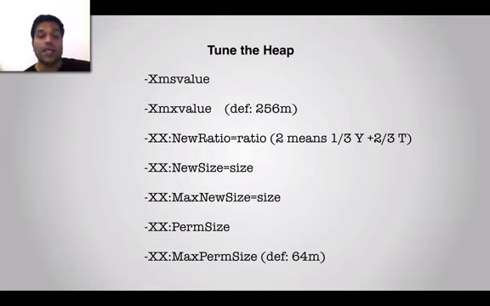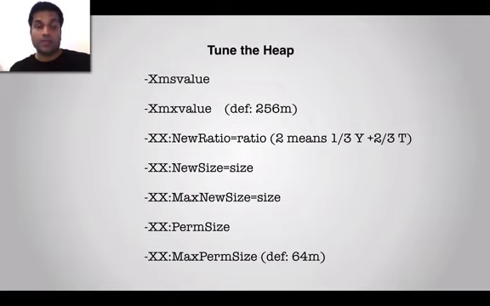And next is -XX:NewRatio equal to some value. That means how you want to divide your young and old generation. Suppose you say 2, it means two-thirds will be used by tenured generation or old generation, and one-third will be used for young generation of your whole heap.